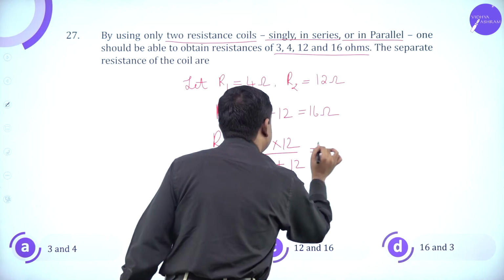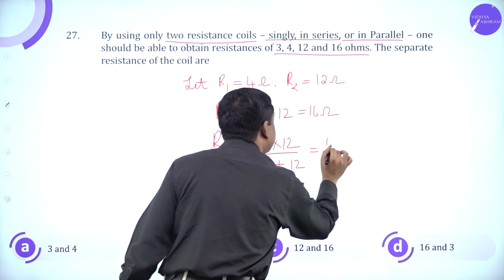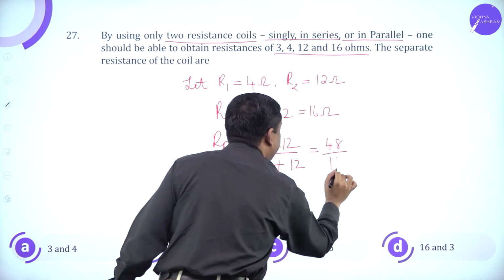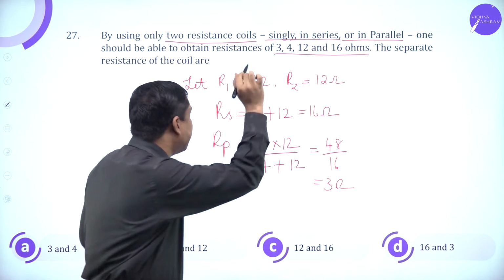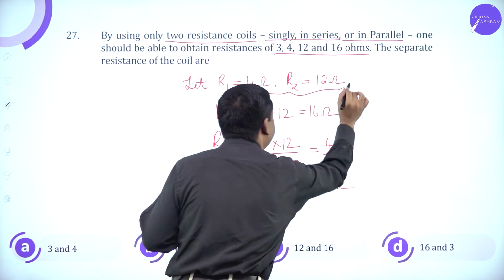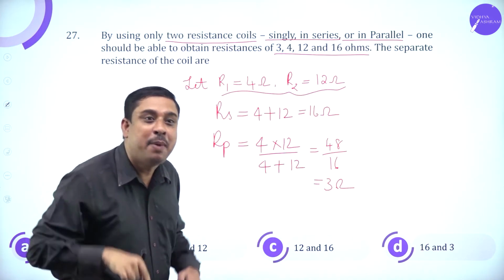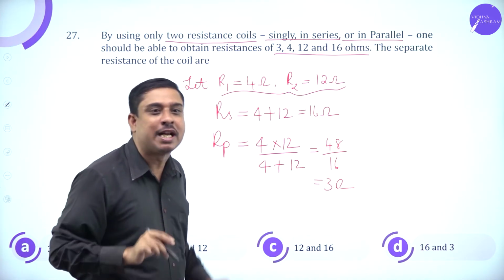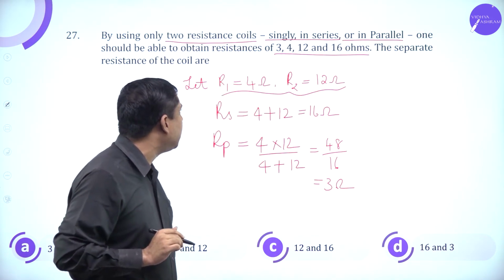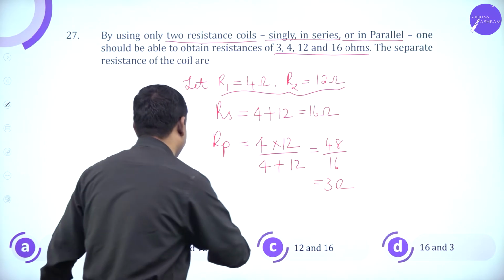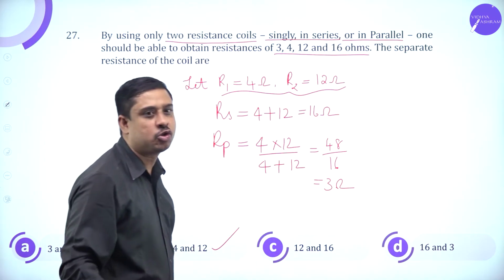So this is 48 by 16, which is 3 ohms. By using this combination, I am able to get the remaining two resistances. So the values of R1 and R2 have to be 4 and 12.